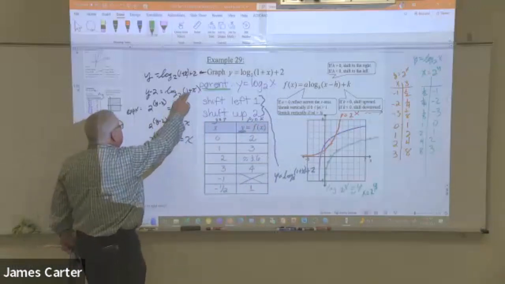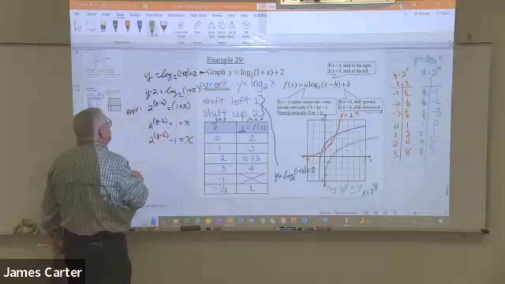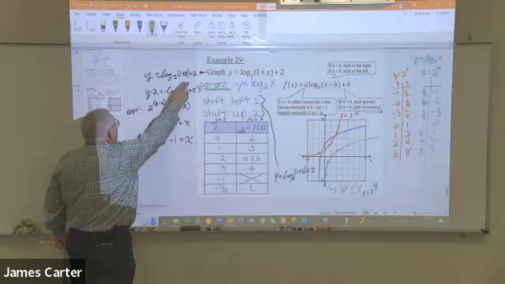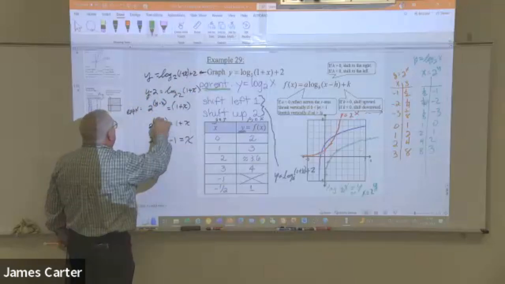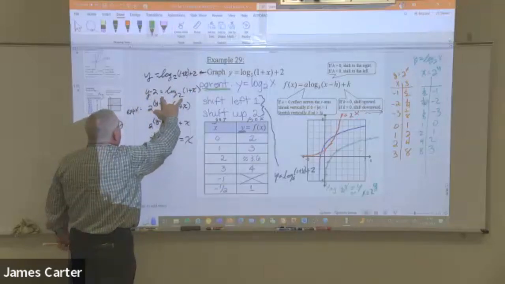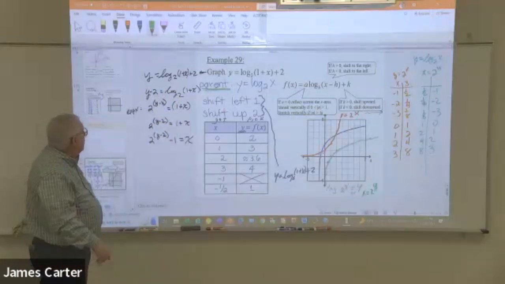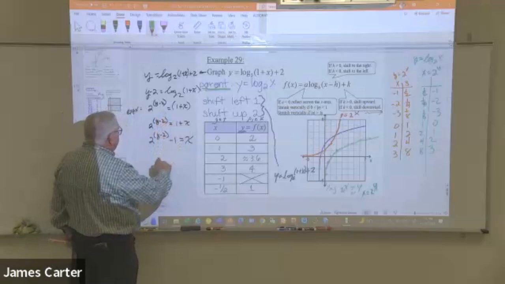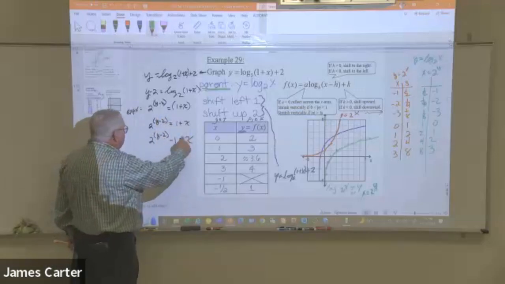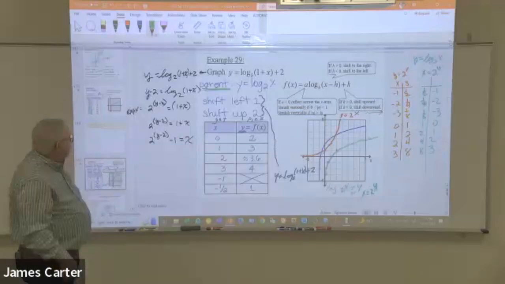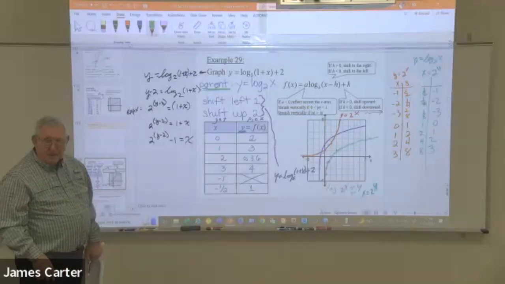What I've done is I've taken this original equation and pulled the 2 over here. Then I converted this to exponential, and I simplified it down a little bit, so I got the x isolated. I ended up doing an XY table.